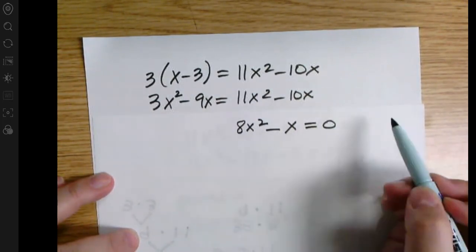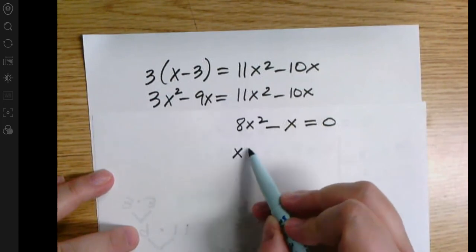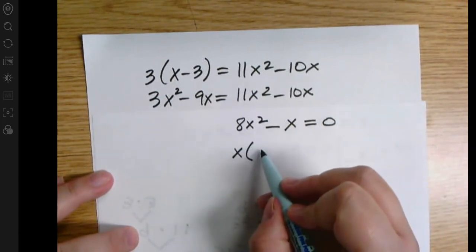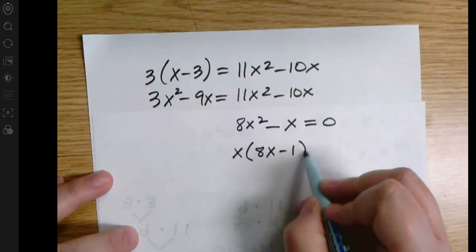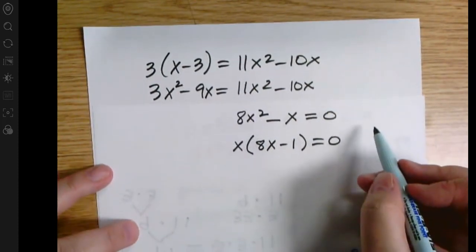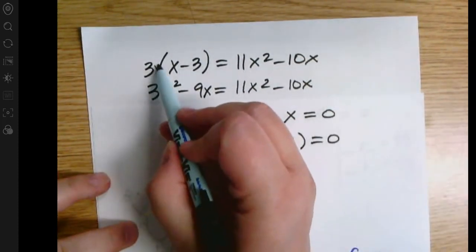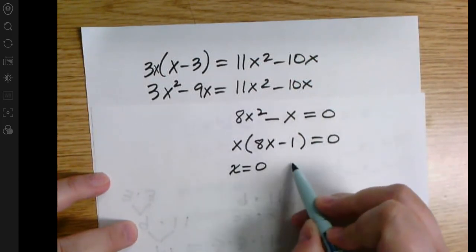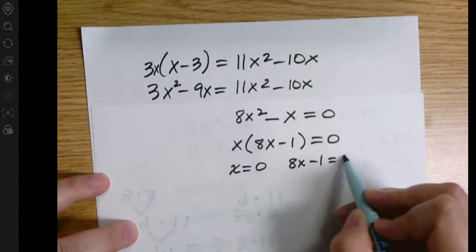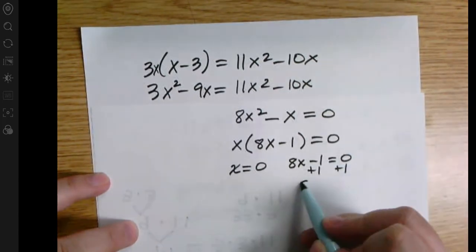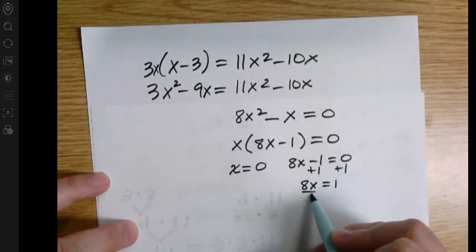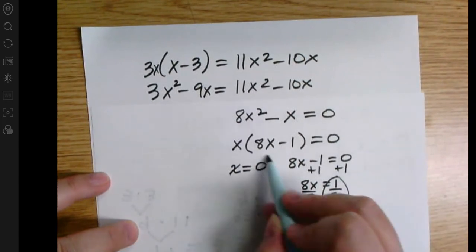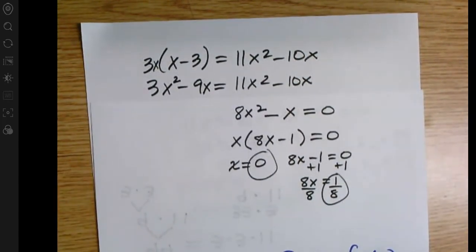And it's equal to 0. So now I'm going to take a greatest common factor out of those. And I get, let me put that x in there, x equals 0 or 8x minus 1 equals 0, which gives me 1/8. So it looks like 0 and 1/8 are my two answers.